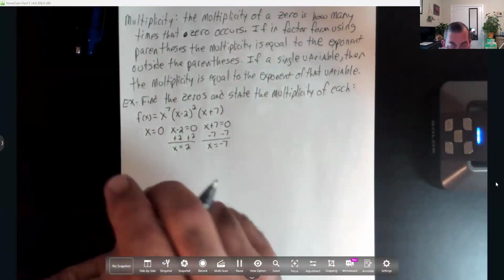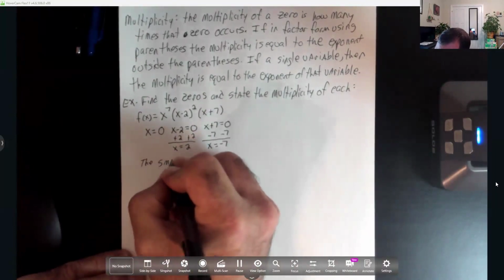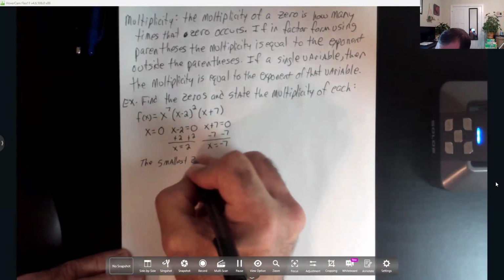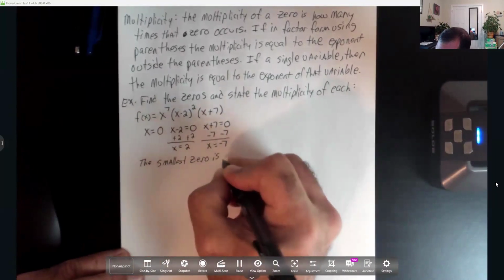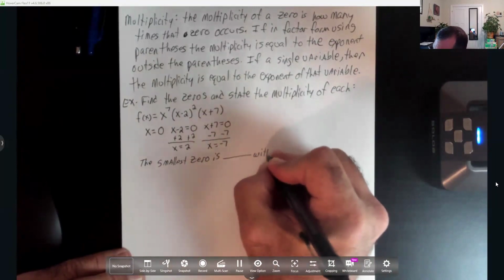Okay, so watch how they're doing these answers. The smallest 0 is blank with multiplicity blank.